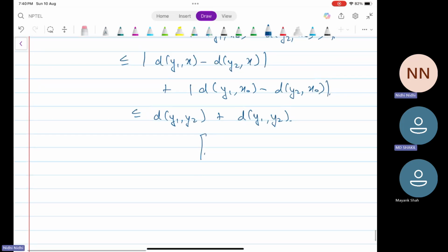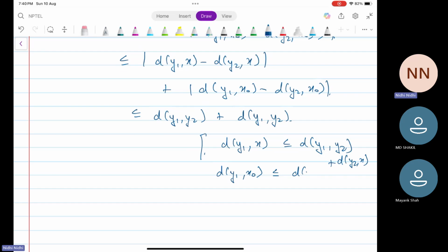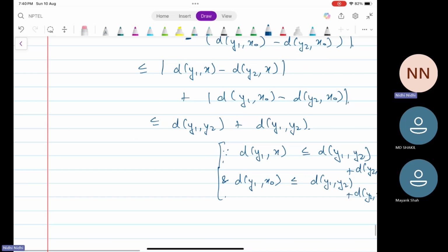So basically, d(y1,x) is less than or equal to d(y1,y2) plus d(y2,x). Similarly, d(y1,x0) is less than or equal to d(y1,y2) plus d(y2,x0). So this is 2 times d(y1,y2).